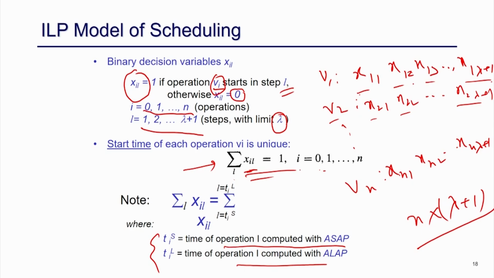So you can rewrite this summation from TIS to TIL, the mobility span. For other time steps the variables will be 0, so we do not have to consider those. We simplify the expression into this. So this is the first constraint.